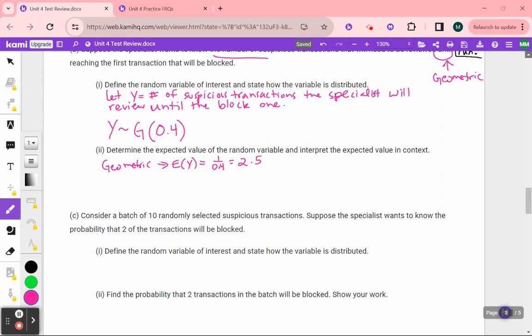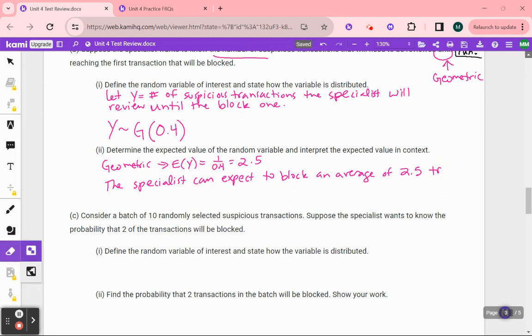In context, we say that the specialist can expect to block an average of 2.5 transactions. Oh, sorry, I'm saying this wrong.